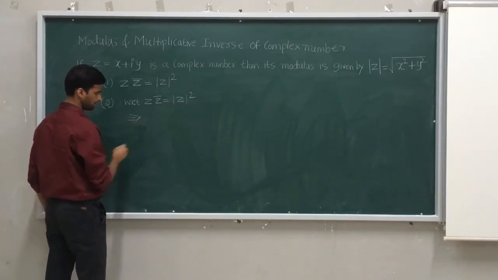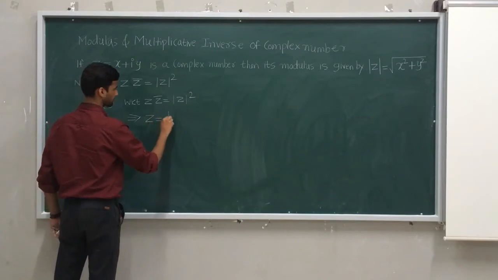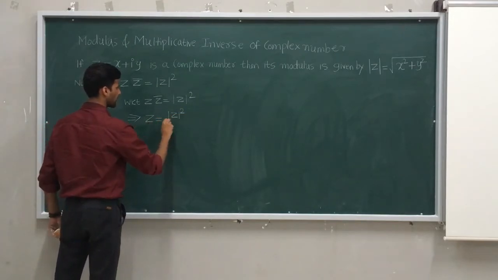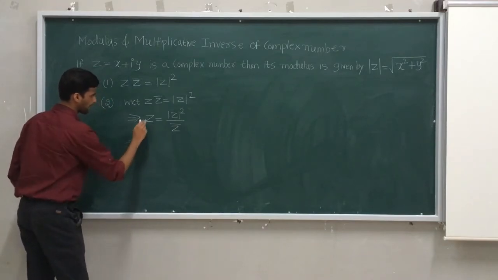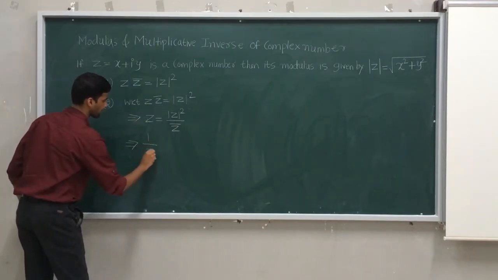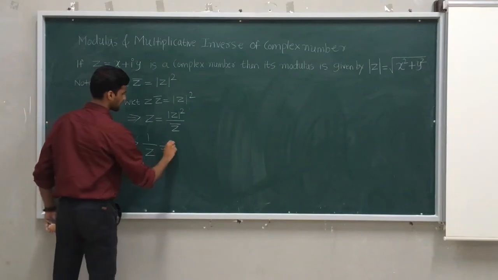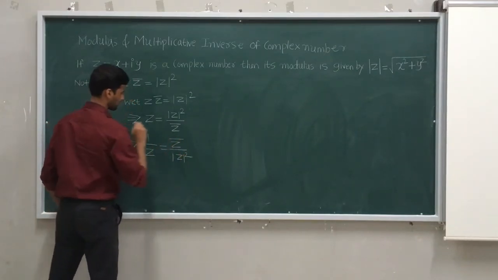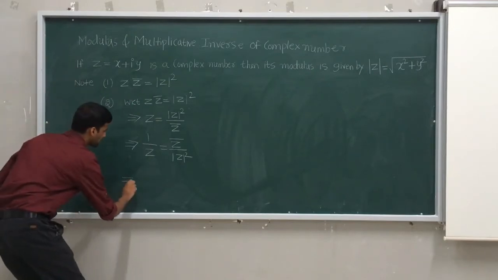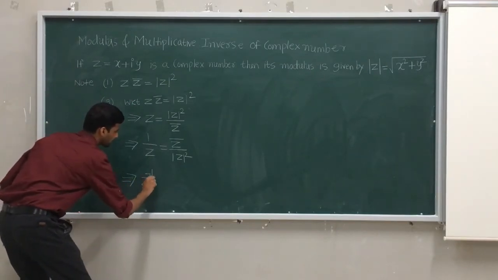which implies z equals mod z square divided by z bar, which implies, if I reverse it, 1 by z is nothing but z bar divided by mod z the whole square. Usually we write 1 by z as z inverse.